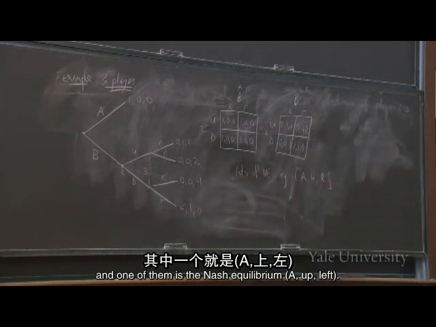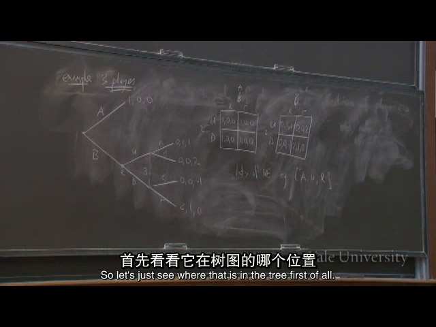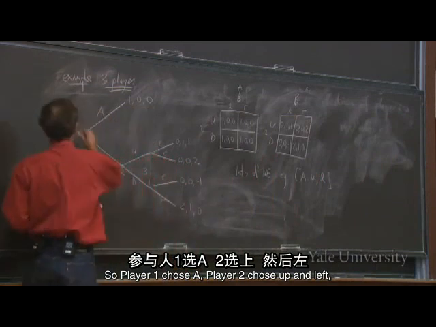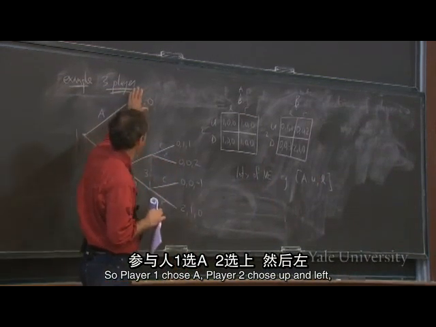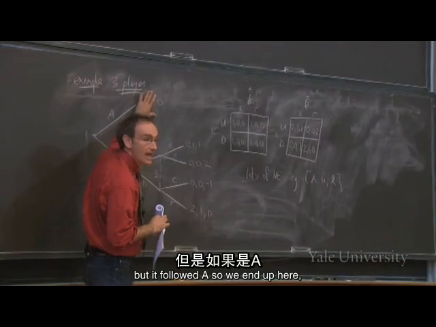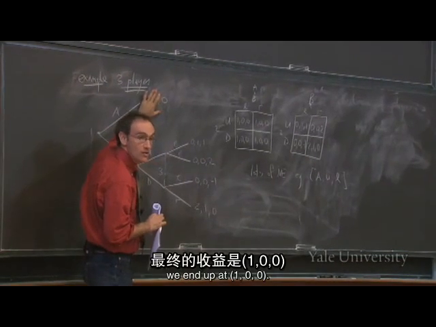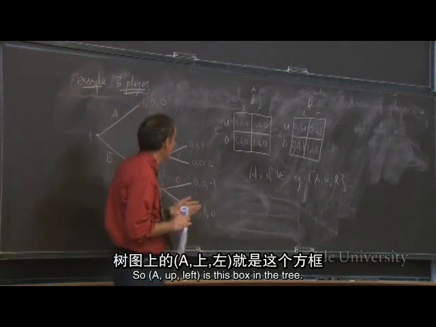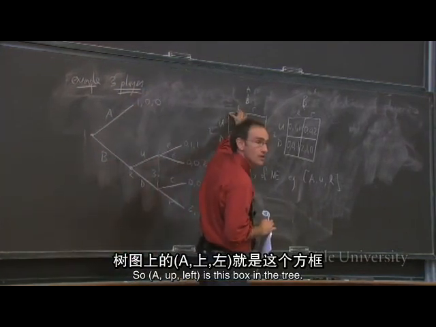So let's just see what that is in the tree first of all. So player 1 chose A. Player 2 chose up and left, but it followed A, so we end up here. We end up at 1, 0, 0. All right, so A up left is this box in the tree.